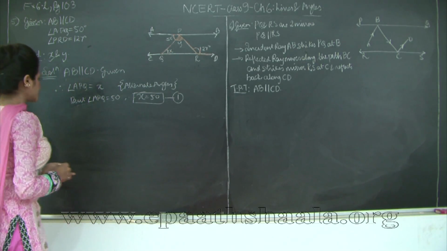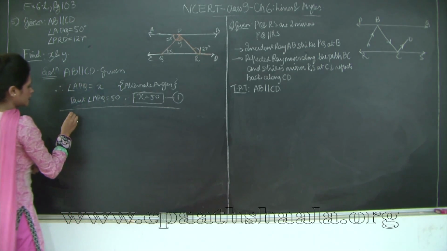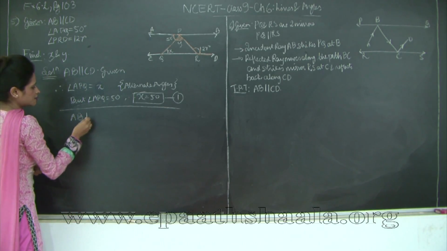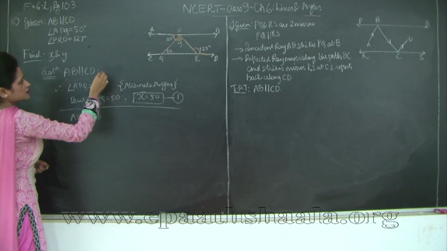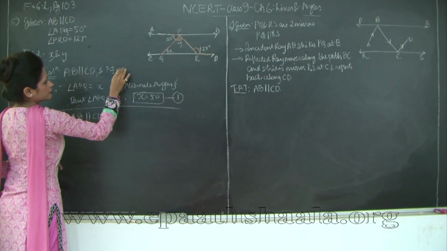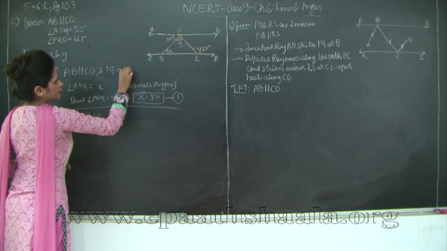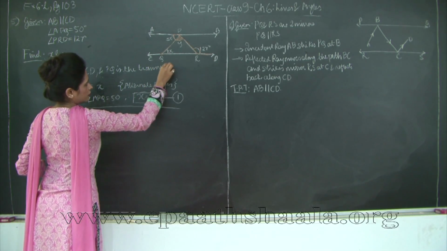So let us solve this now. Now AB is parallel to CD. I just missed out writing the transversal here, and PQ is the transversal. Correct?